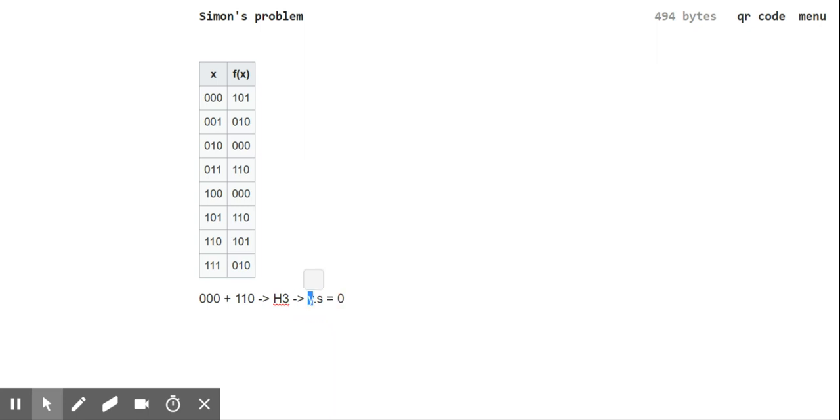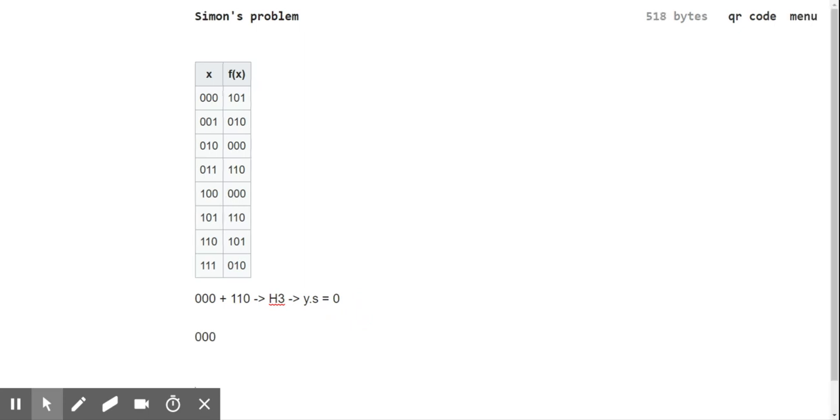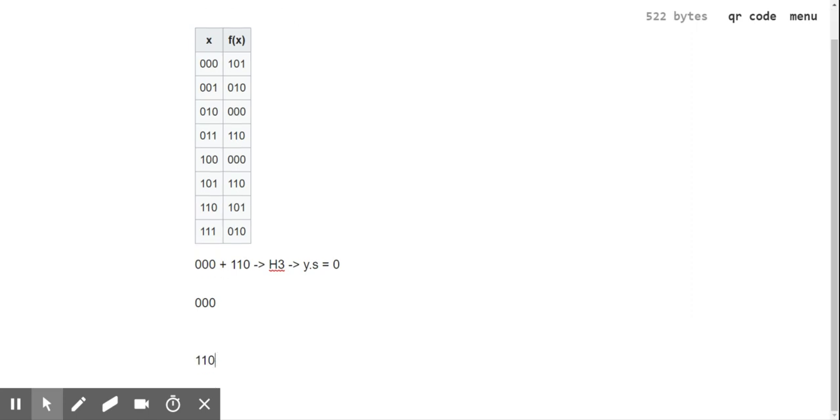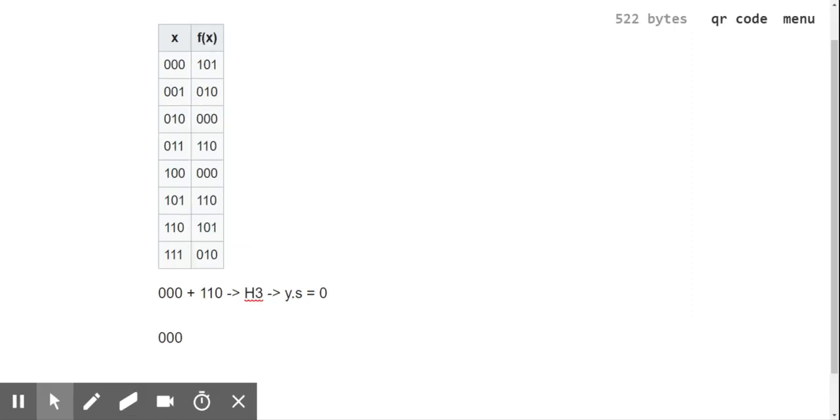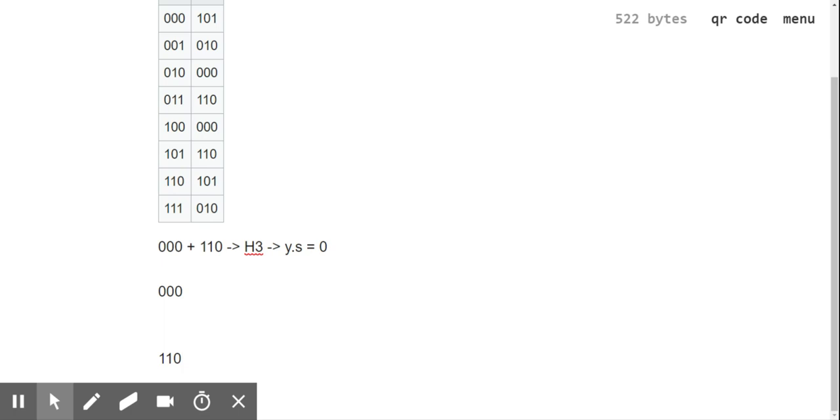So we can stay with this example, right? We got 0, 0, 0, and we've got 1, 1, 0. So what happens when you apply a Hadamard?